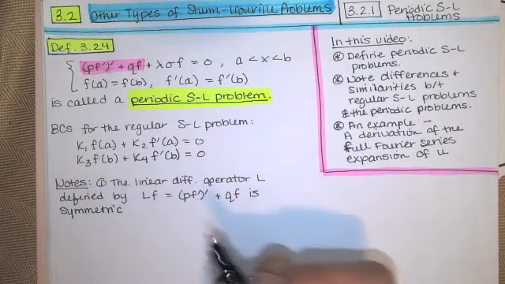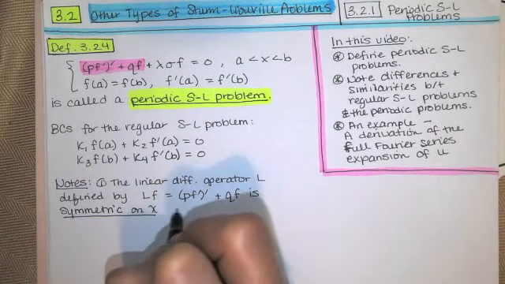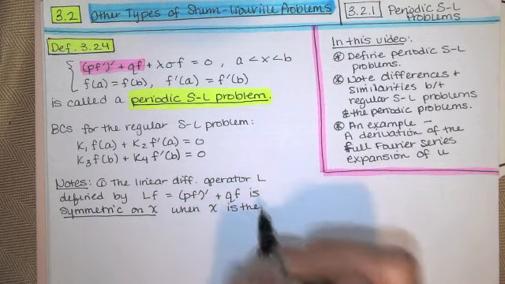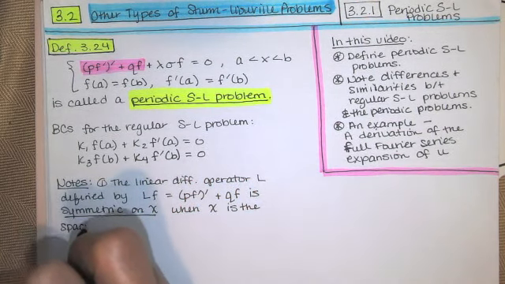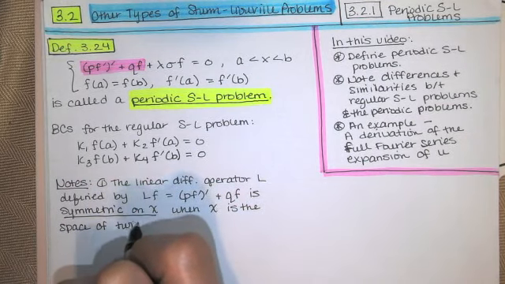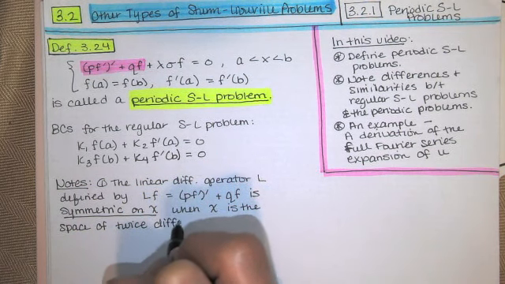And remember, we really want that to be true. When chi is the space of functions, and let's say they're the space of twice differentiable functions.